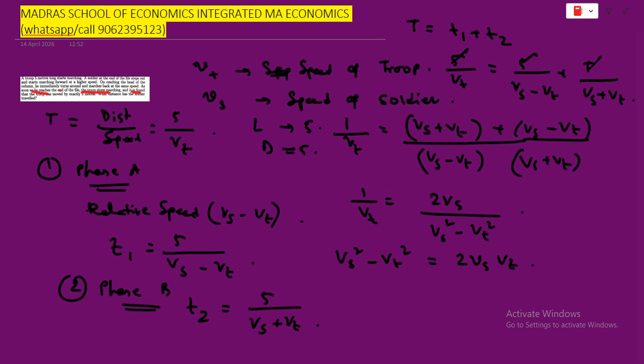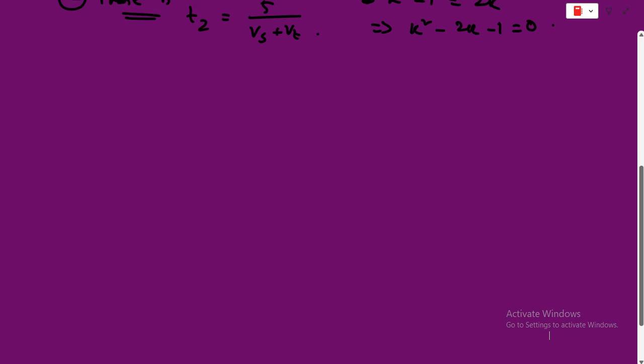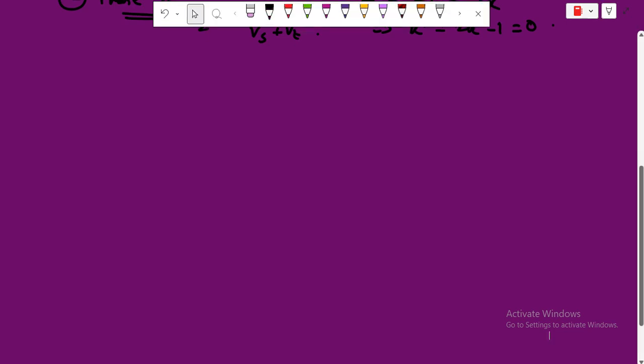Now let's divide everything by Vt square to find the ratio. Ratio K is Vs by Vt. So K square minus 1 is 2K. So K square minus 2K minus 1 is 0. Now we will use our quadratic formula.